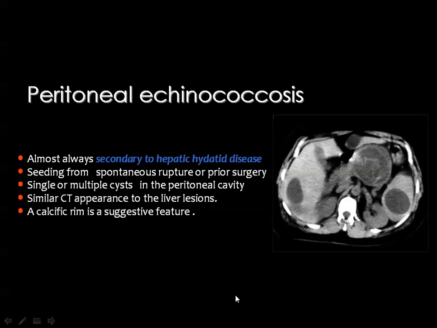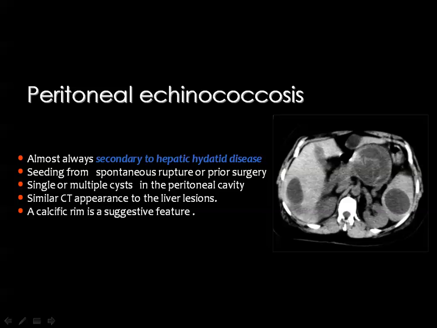Then you know that a hydatid disease can affect the liver. I have explained this in detail in the lecture of hepatic imaging, and it can also affect the pancreas and the spleen, and I also gave some hints about this in the splenic imaging lecture. And sometimes this hydatid disease can occur in the peritoneum.